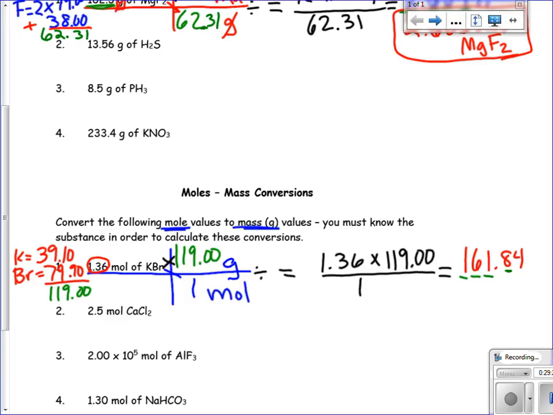There's an 8 next to it, so we round it up. This is going to be 162 grams now, because moles cancels with moles. And that would be KBr, because we want to put our substance here next to it. Okay? So you guys now work some problems on your own. Give you like 5 minutes.